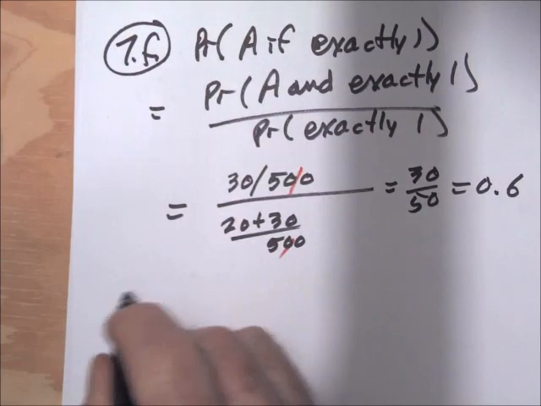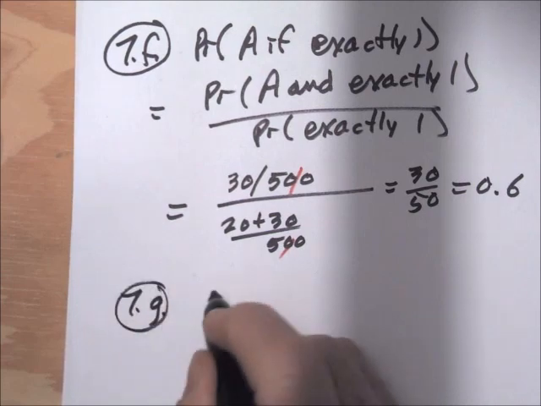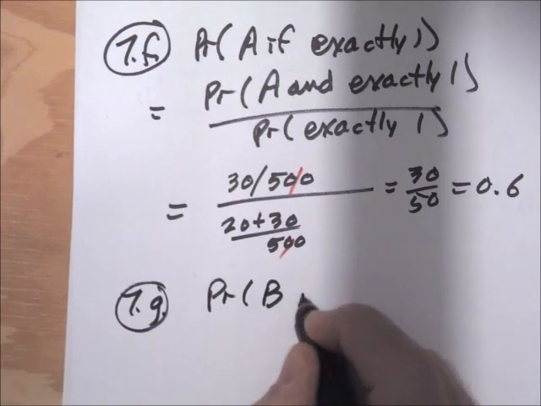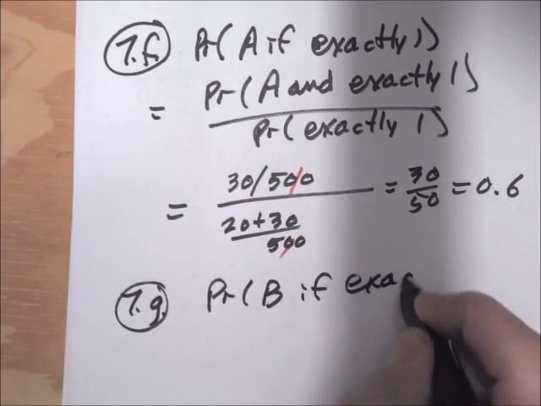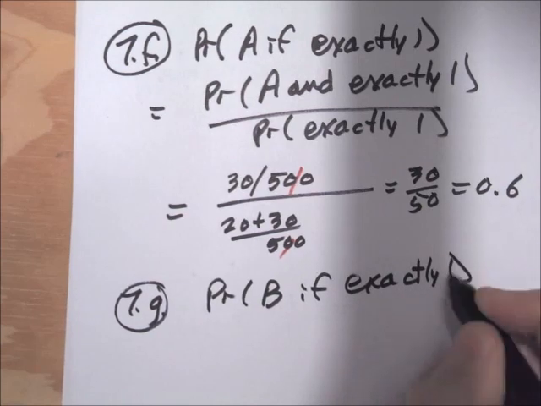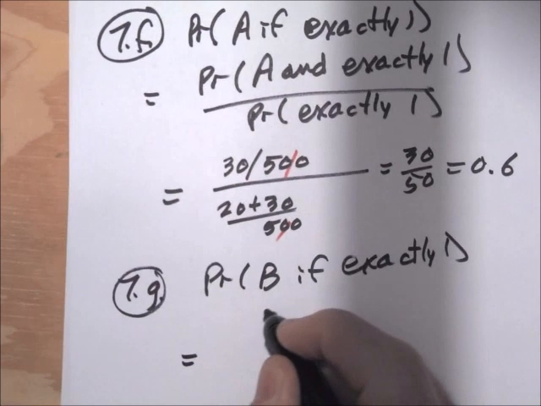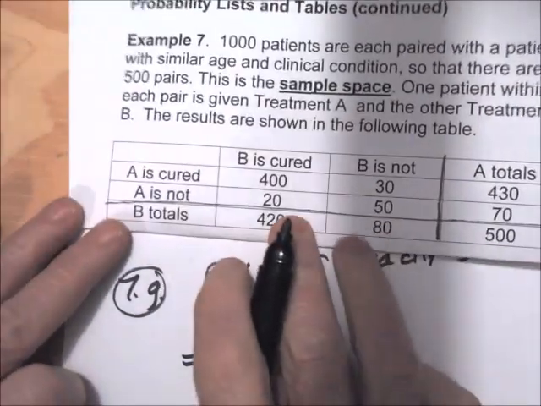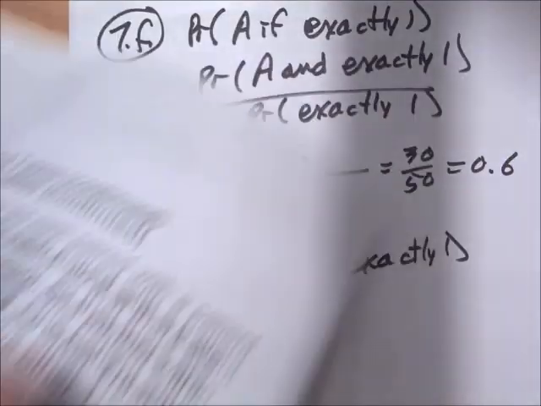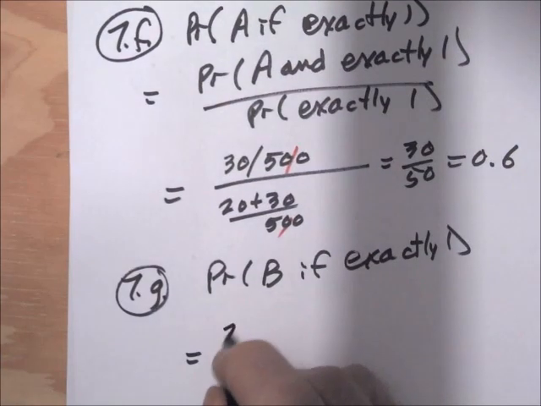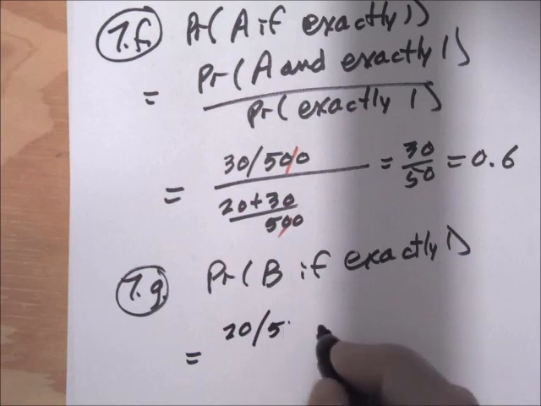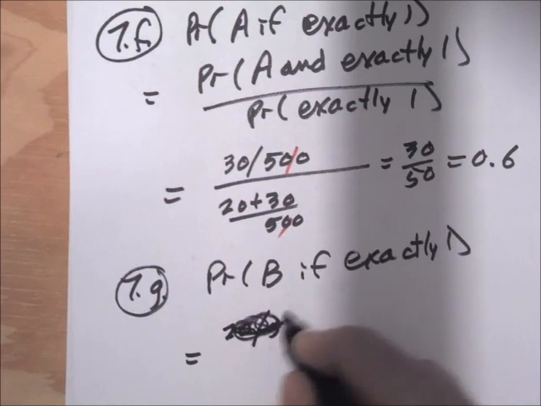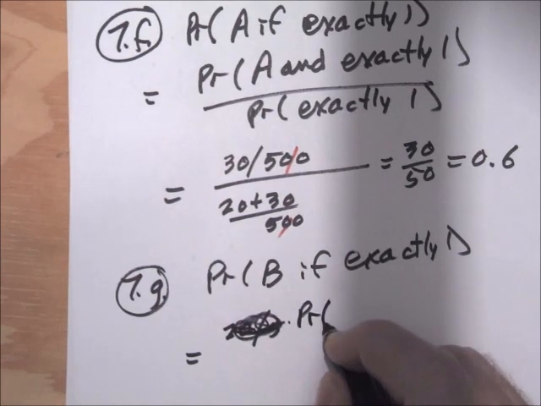And then part G, probability of B, if exactly 1. There's 20 pairs where B was cured and A was not. So 20 out of 500. Well, actually, I'll write the words here.